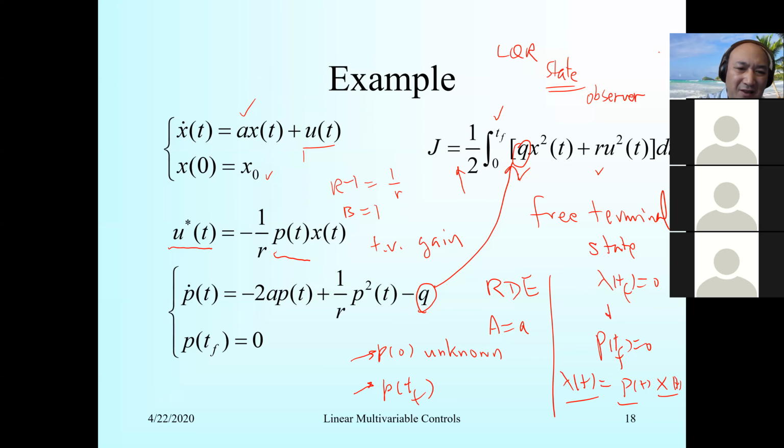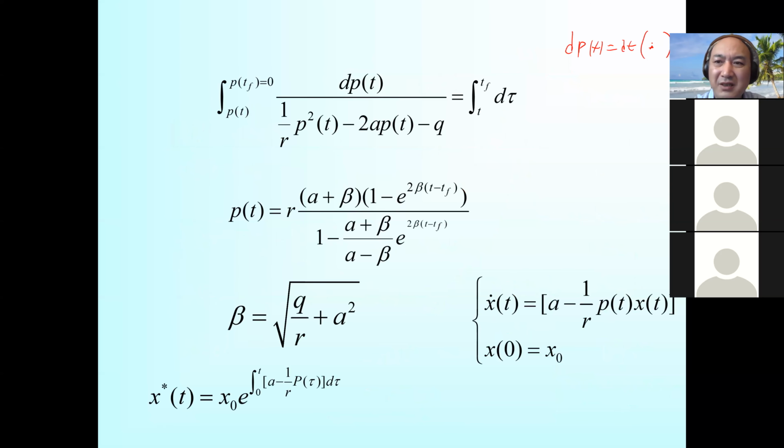This bracket is nothing but this guy. Let's do the star bracket here. This star bracket is also here. So you remove this on this side, then you integrate from T to T_F. Then you integrate it with this one, P(t), so it basically is P(t) to P(T_F), while this one is 0.